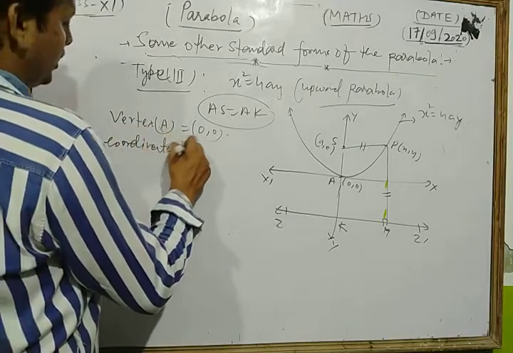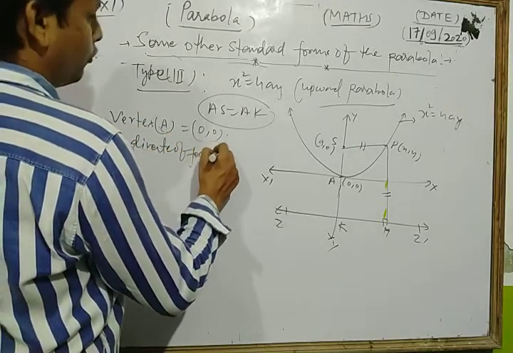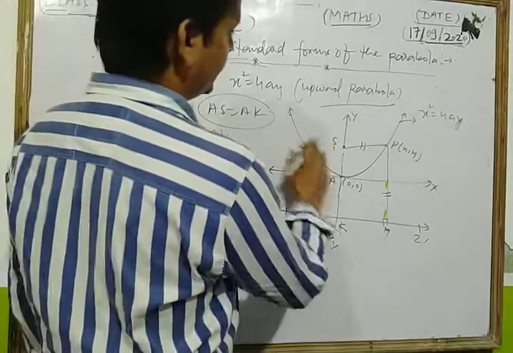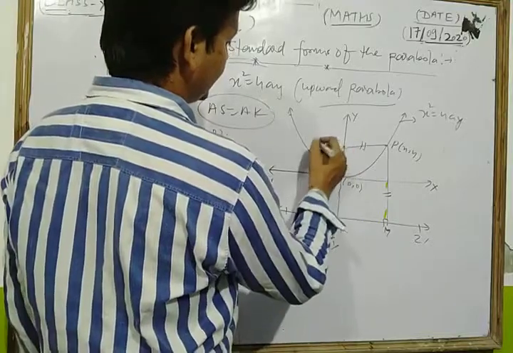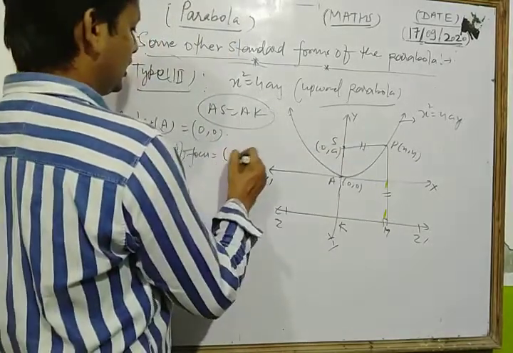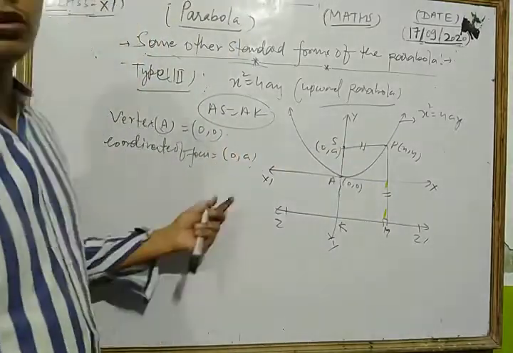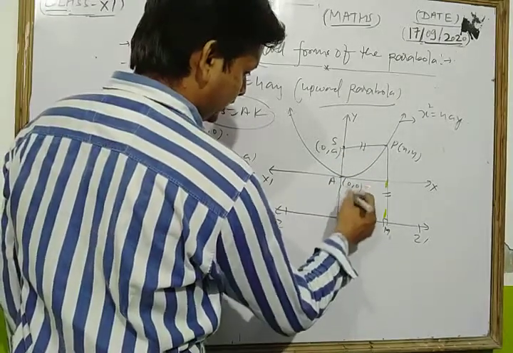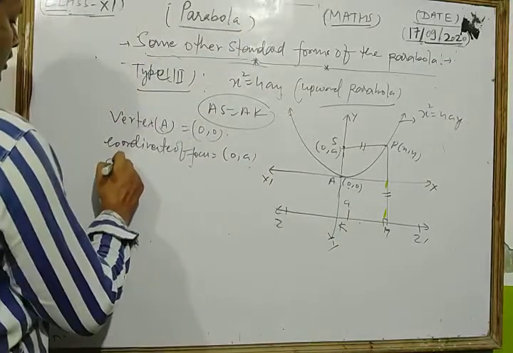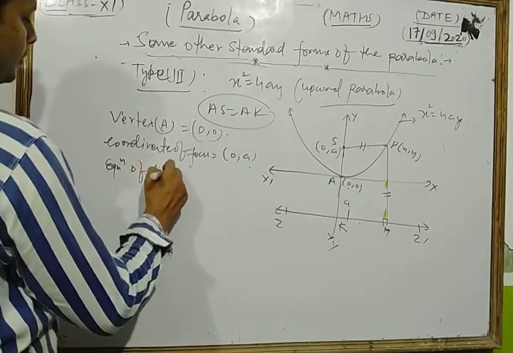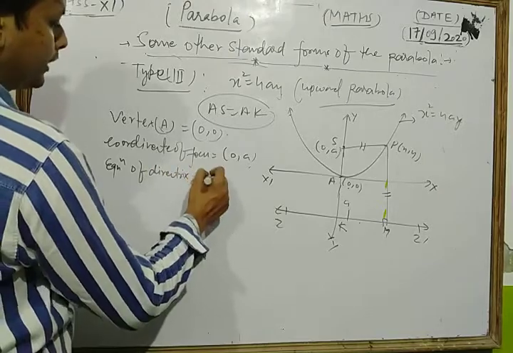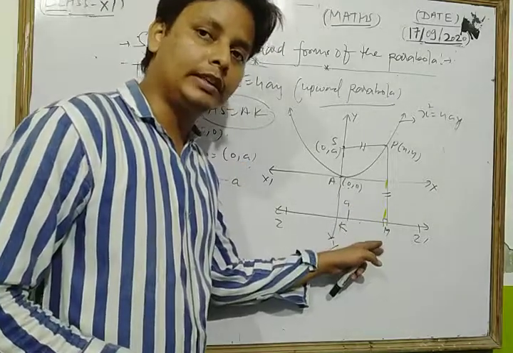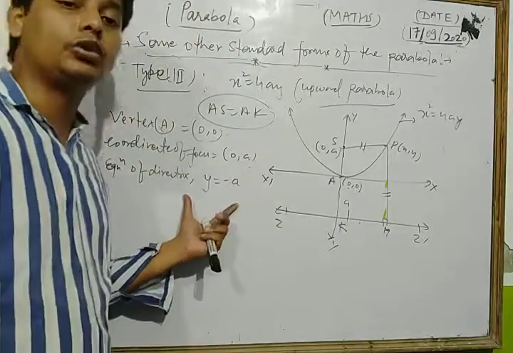This x is 0 now, this lies on the y axis, so the coordinate of the focus is (0, a). And the equation of directrix is y equal to minus a, because this is in the negative direction of y, so the equation of directrix is y equal to minus a.